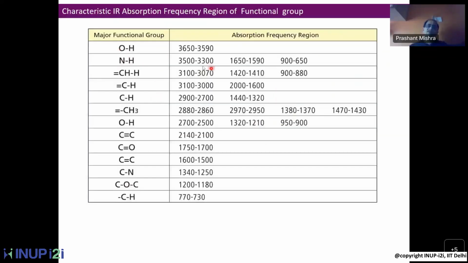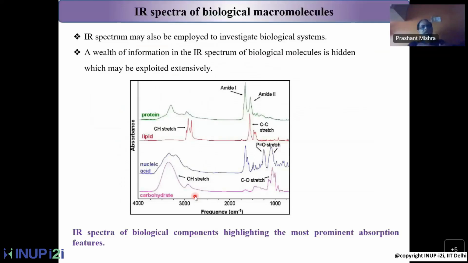This is the one which gives you the absorbance frequency or wave number, where the different bands are going to have a characteristic absorbance. Here are the spectra for biological macromolecules, so it ranges from chemical molecules to biological molecules. The most commonly studied is the protein, where you have amide 1, amide 2, and a very small signal of amide 3.